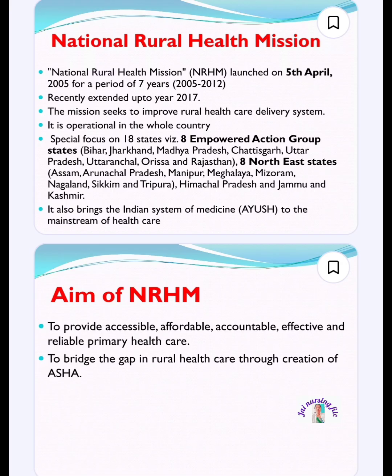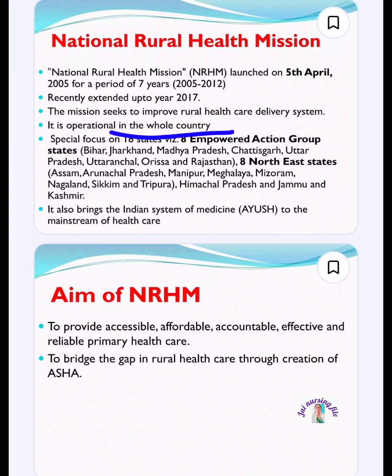The next topic is National Rural Health Mission, NRHM. So it has been launched 5th April 2005 for the period of 7 years. So 2005 to 2012. And 2017 again extensions has been taken care. And then the main thing, improve the rural health care delivery system and operations in the whole country.